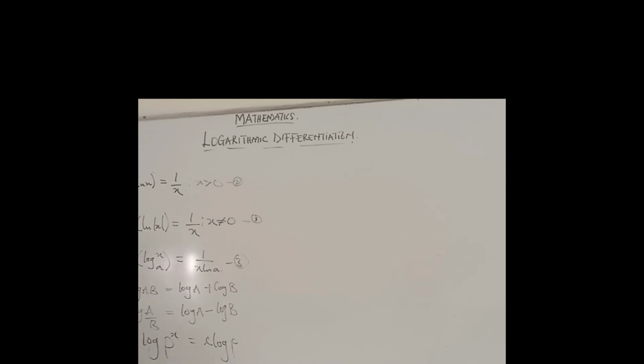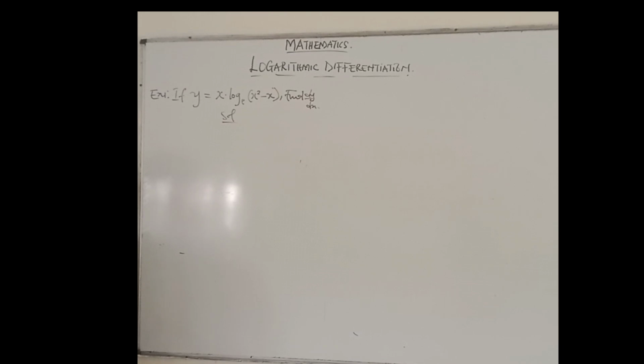Now, example 1. If y is equal to s multiplied by natural log of s squared minus s. Please take note and understand that natural log is also denoted as ln.